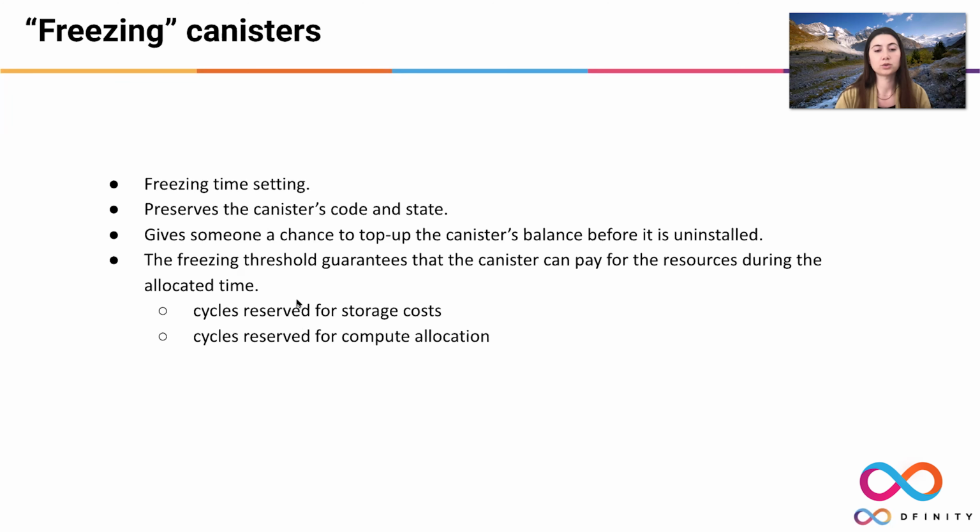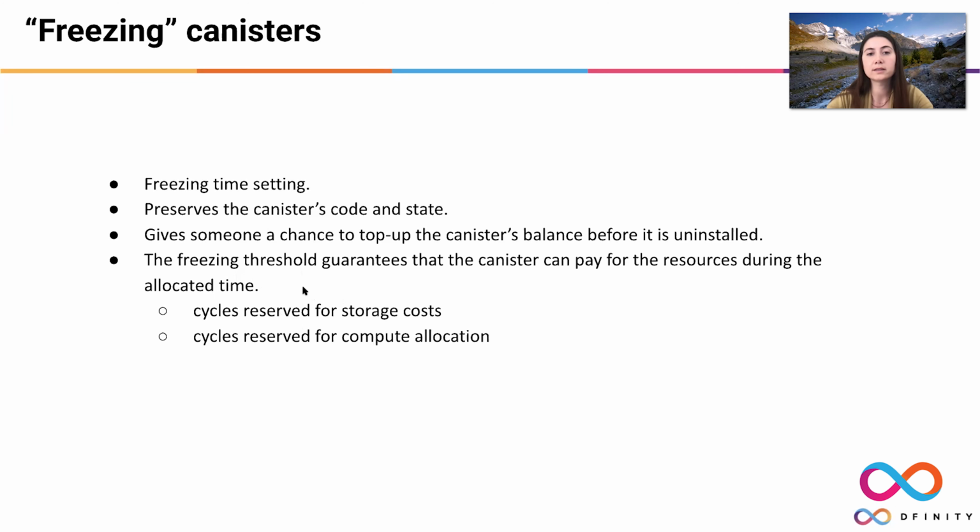So we can ensure this behavior by reserving or blocking an amount of cycles from the canister balance. And the amount of cycles that we block, we will define here as the freezing threshold.